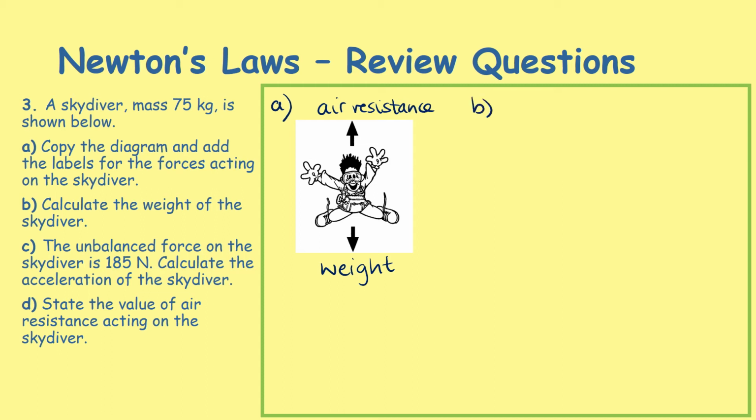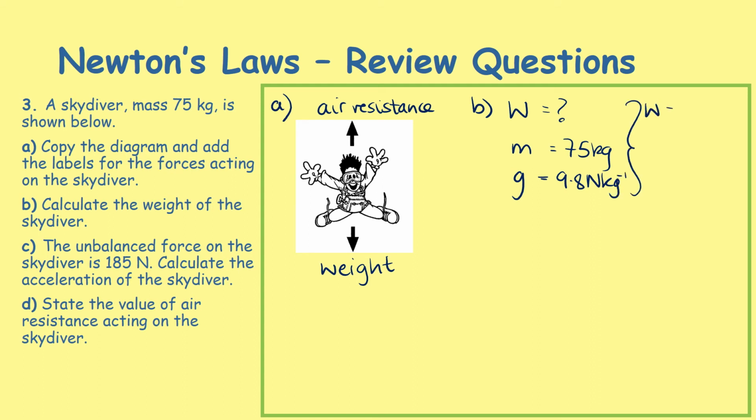Our second part to the question is calculate the weight of the skydiver. Thinking back to our equations, we know that weight equals mass times gravitational field strength. So we need W, M, and G here. We want to calculate our weight. Our mass is 75 kilograms, and our gravitational field strength, presuming our skydiver is on Earth, is going to be 9.8 newtons per kilogram.